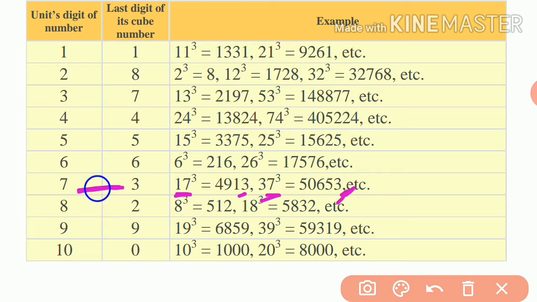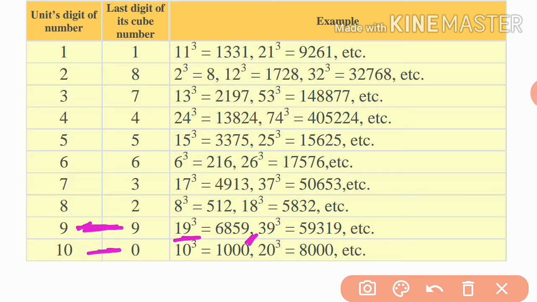So 7 corresponds to 3, and similarly 8 corresponds to 2. When we cube a number that ends with 8, the result will end with 2. And again, when we cube the number 9, suppose 19 cubed, it ends with 9. So 9 is related with 9 and 0 is related with 0.